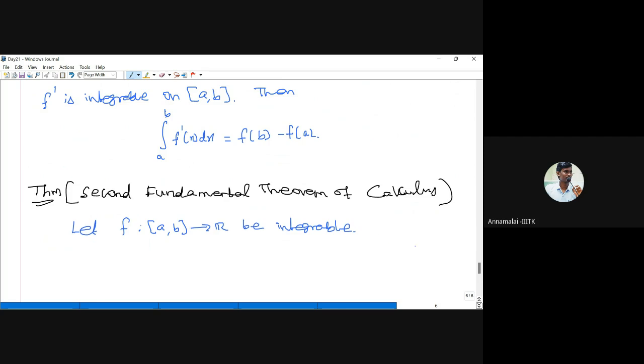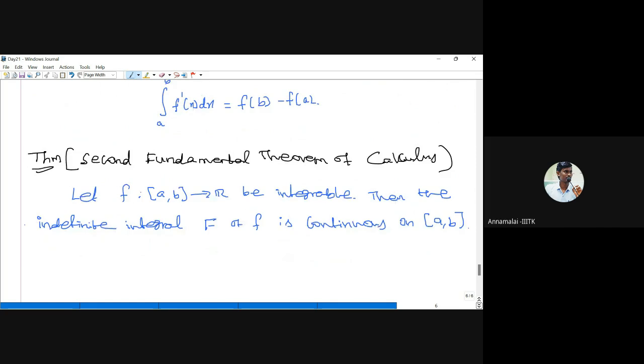Then the indefinite integral capital F of small f is always continuous, in fact Lipschitz, on the closed interval a comma b.